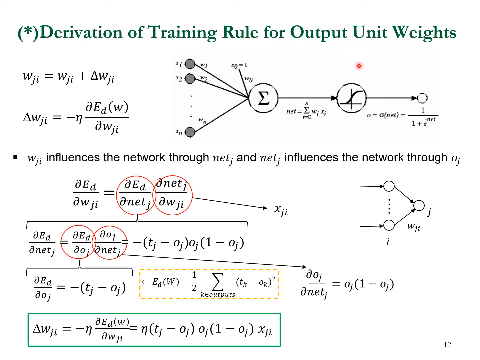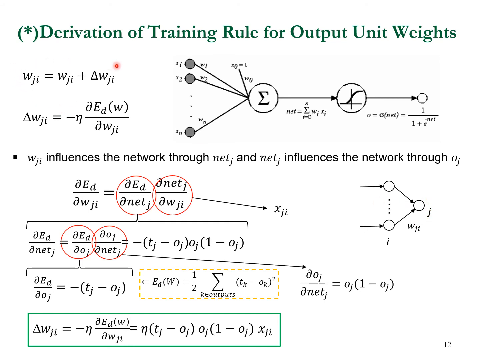Suppose this is the output node, then there are weight values which connect from a hidden node to the output node. This slide is for updating these weights which connect to the output node. The weight update rules for hidden nodes will be explained in the next slide.